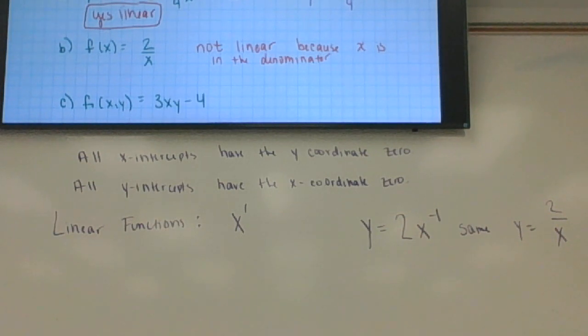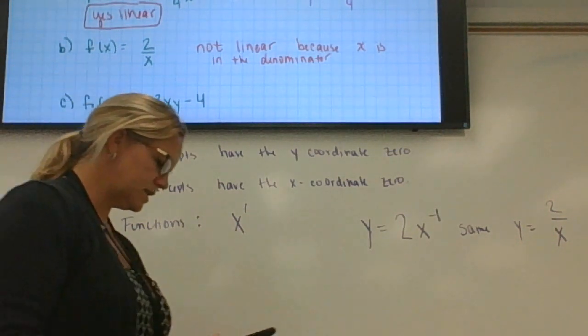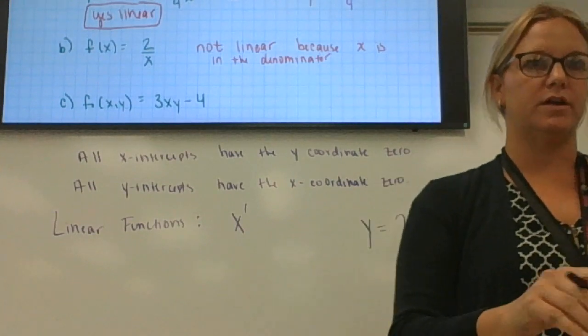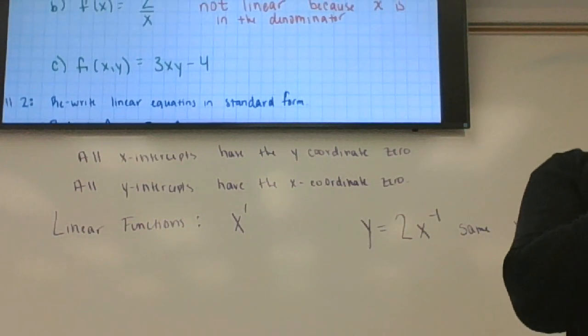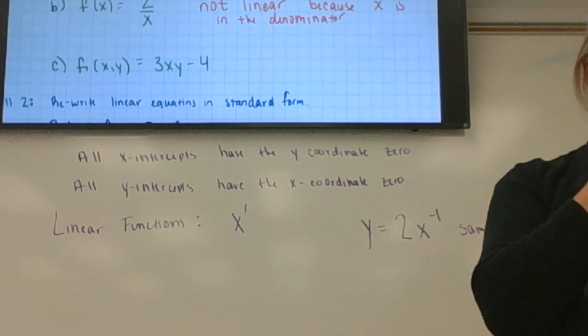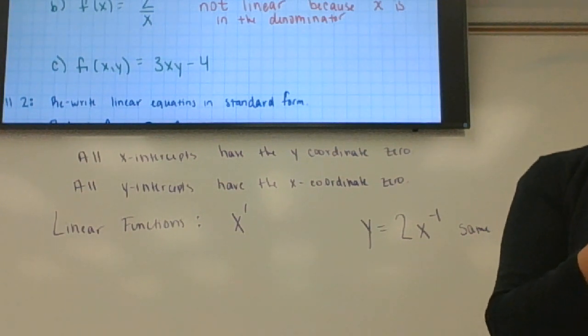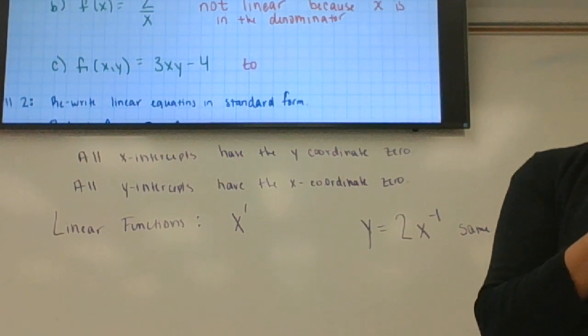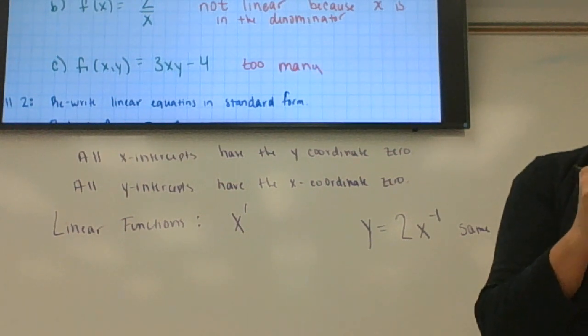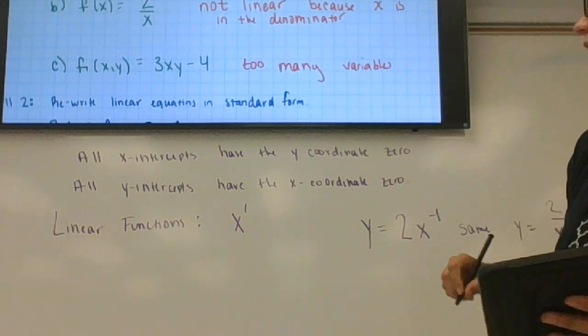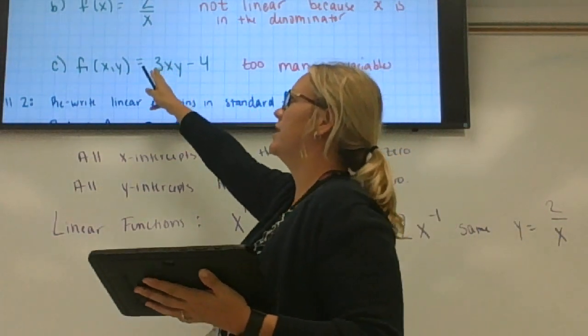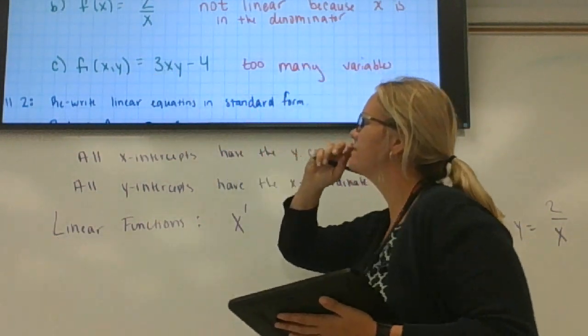Here's an example of x in the denominator. Two curves. Pretty complicated. So x can't be in a denominator and be called linear. This one just has too many variables. You've got x and y together as a product, that's not linear.